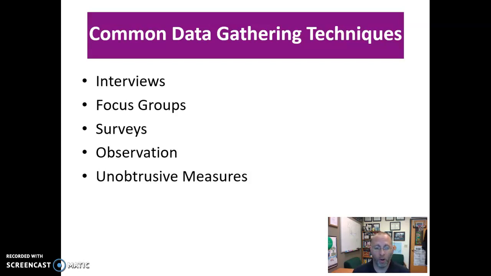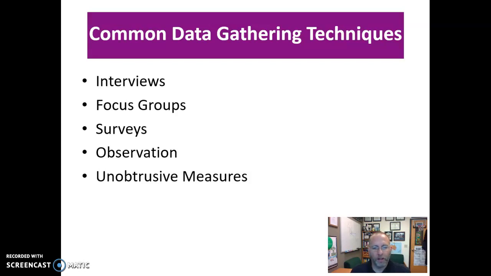Sometimes you'll even record, either audio or video, the session so you can go back and see things like body language and facial impressions and different responses that people have to the types of things that you're discussing. The nice thing about focus groups is you can get responses from more people more quickly.